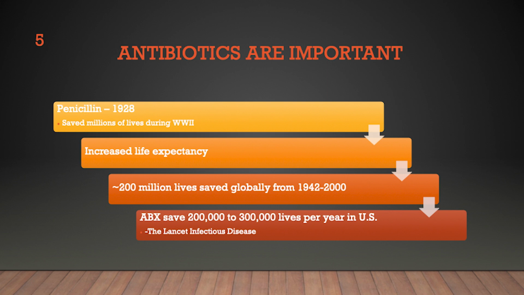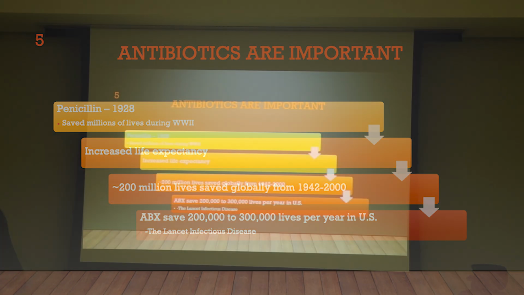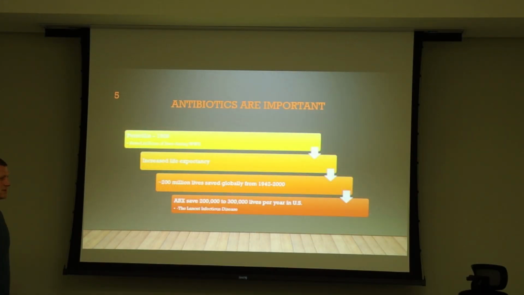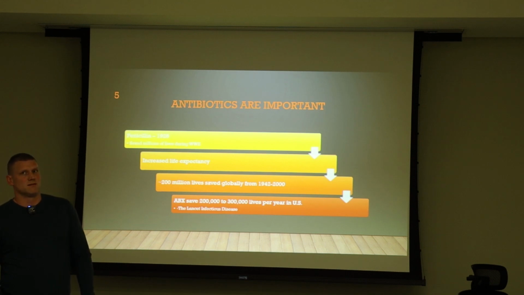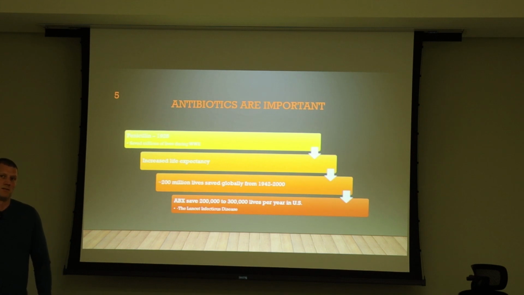During World War II, they say it saved millions of lives, which is kind of a vague thing, but there were a lot of people that would have died just from simple wounds. 20 million from the 40s on, but the most recent data I think was from 2016 and 2019. So 20 to 30,000 lives in the U.S. alone that antibiotics are saving.